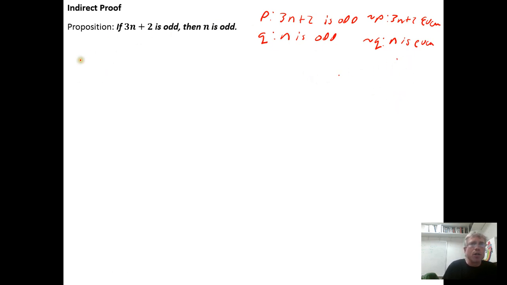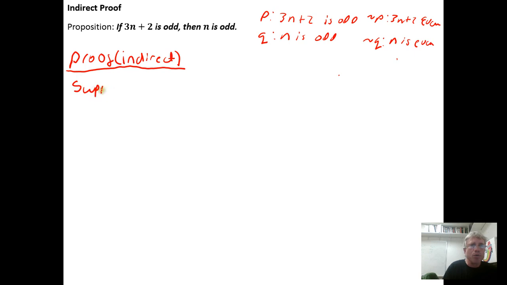So again, start off by preparing the reader for your proof. Proof. And now we want to tell the reader that we're going to use an indirect proof so that they know that we're trying to prove the contrapositive. And the contrapositive says n is even implies 3n plus 2 is even. So we're going to start by assuming n is even because we're proving the contrapositive.